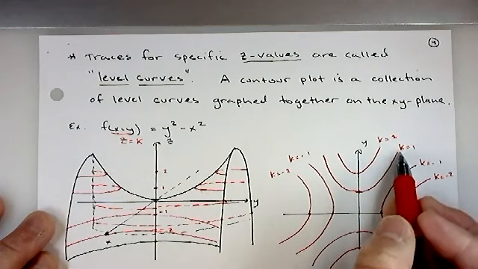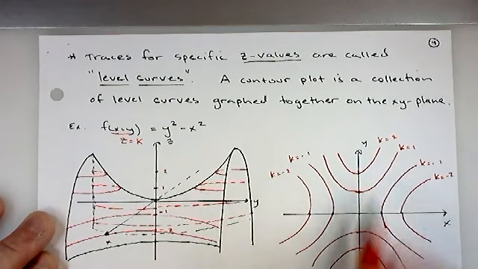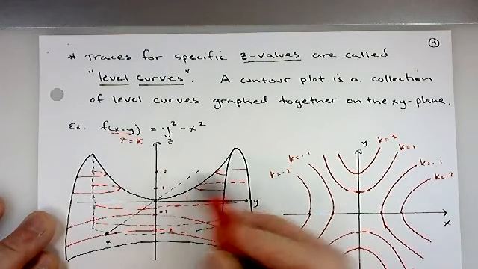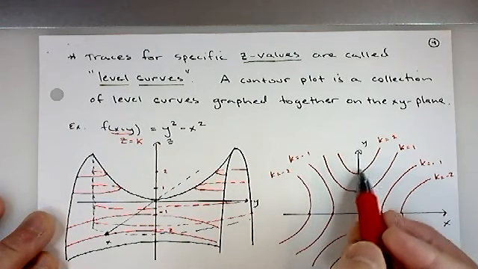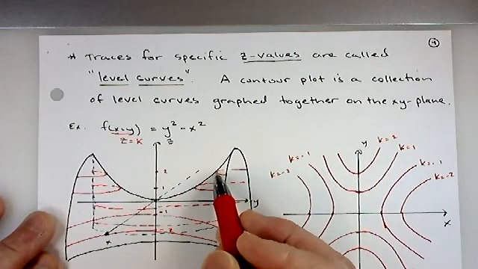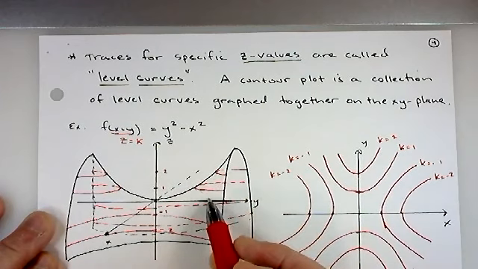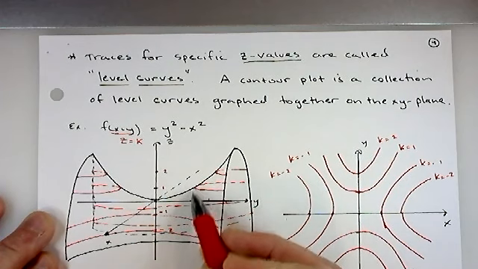So when k equals 1, that's this hyperbola here, and it's also down below there. K equals 2, which is z equals 2, would be further up on the y-axis. The bottom of that would start further up the y-axis than this one here.